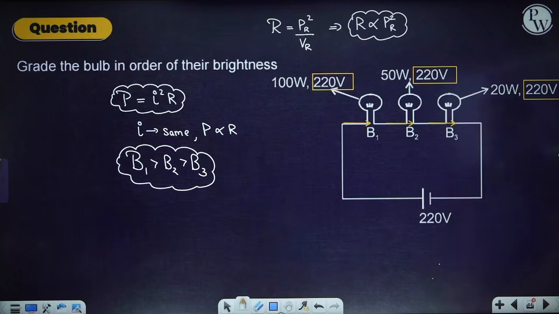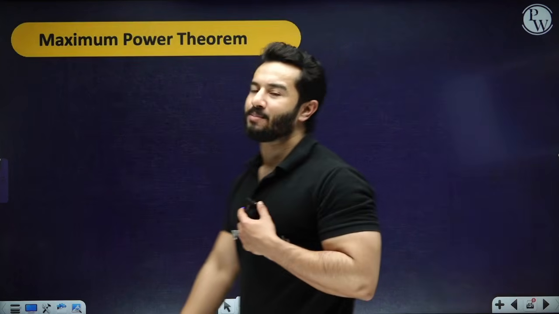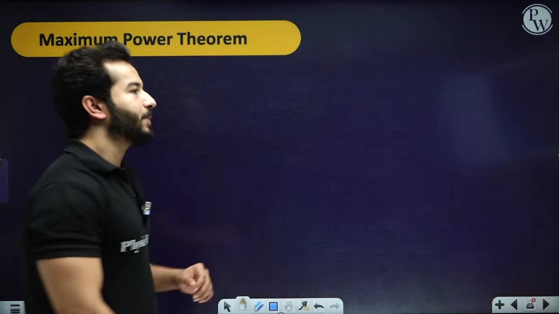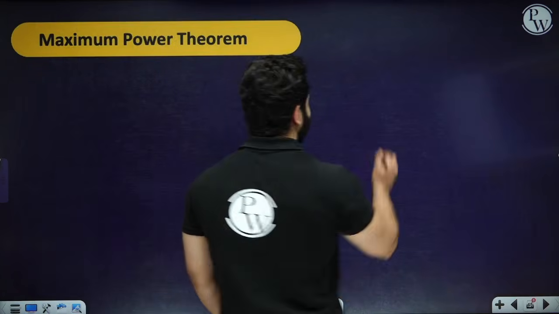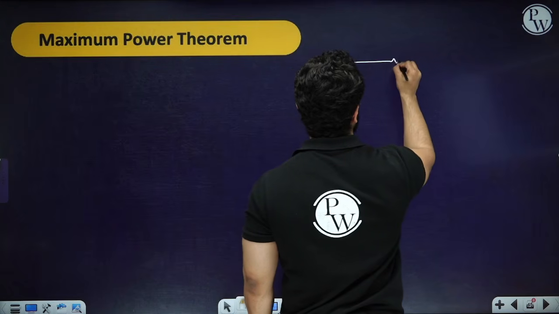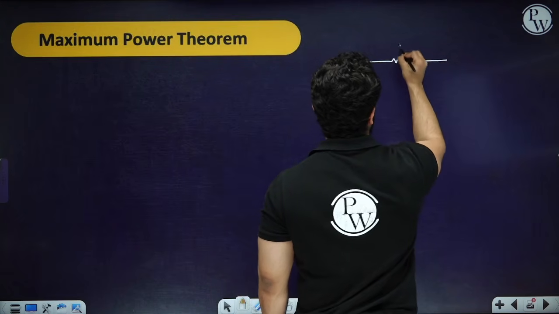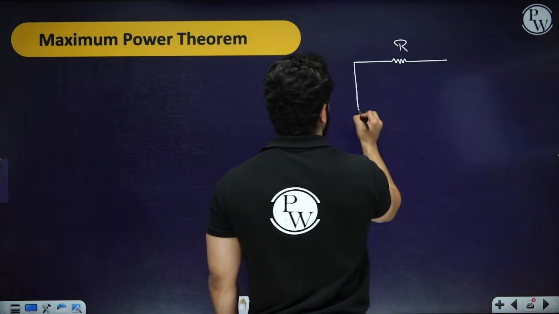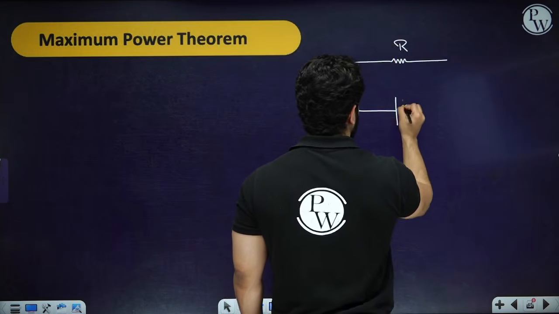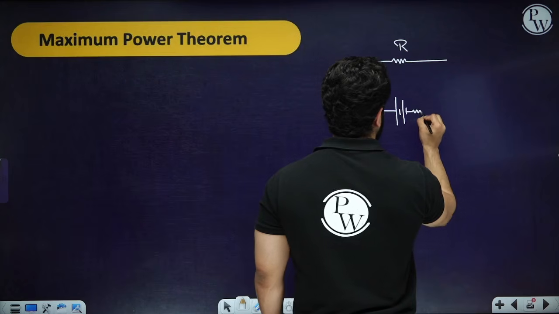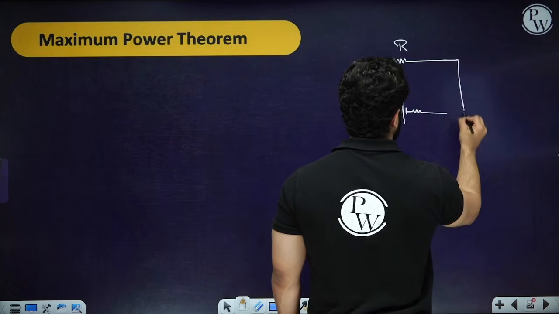Now let's move to the next topic, which is the maximum power theorem. What do we mean by the maximum power theorem? Let's suppose we have got a load resistance R and we have got a battery with an internal resistance small r.